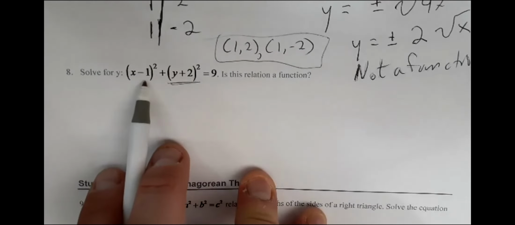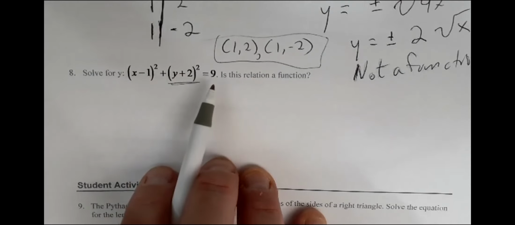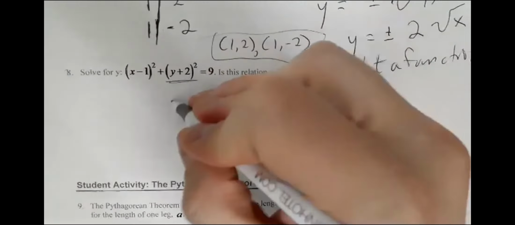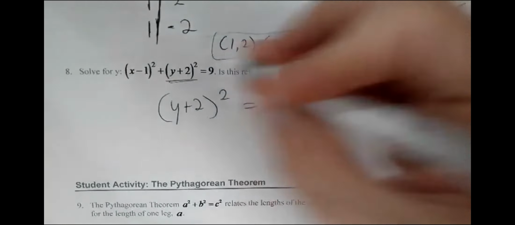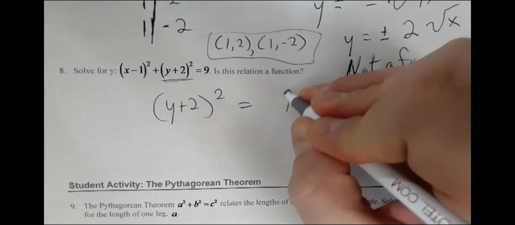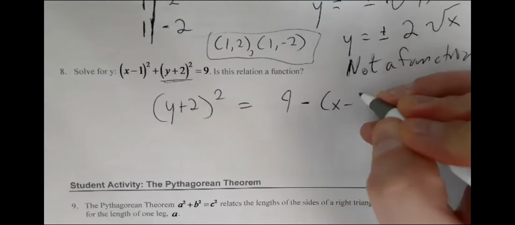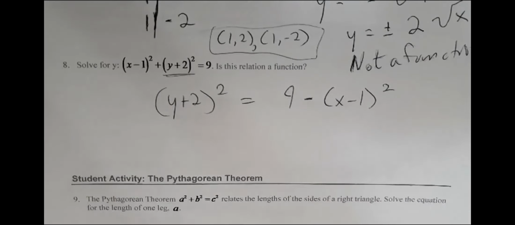The center would be at 1, negative 2, and the radius would be 3. Anyway, that's not what you're asking. If we want to solve this, y plus 2 squared is going to equal, I believe, 9 minus this thing, x minus 1 squared. So we're subtracting this thing over.